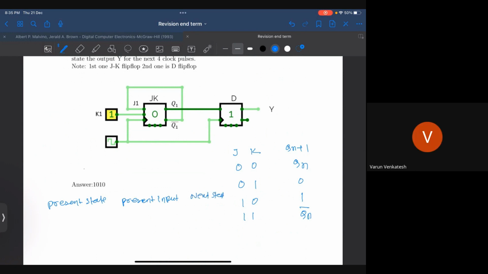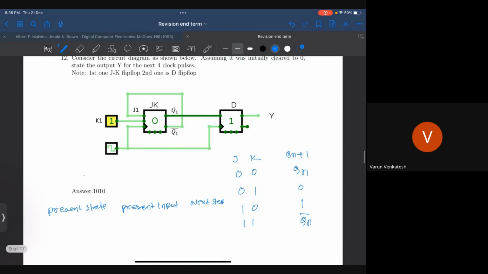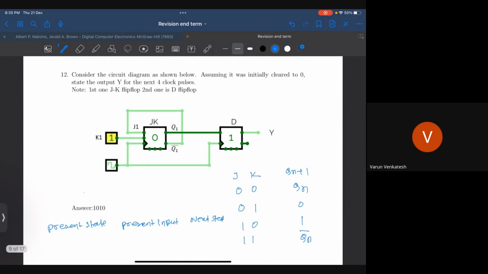Here, I just have a small doubt. These numbers inside the flip flops, 0 and 1, that means the current value of the flip flop, correct? What it's outputting. Yeah, it's the current value. The question also mentioned assuming it was initially cleared to 0. So when it's cleared to 0, that means the box inside the D flip flop should be 0, right?